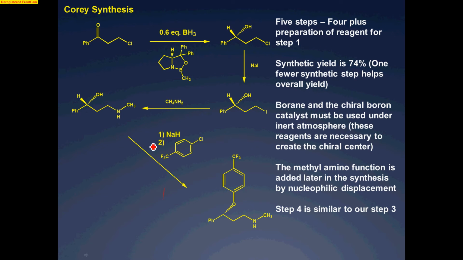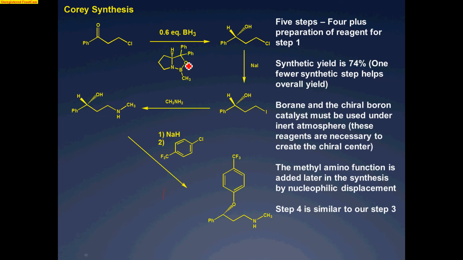A second approach is to start with a ketone and then do a chiral reduction. These are a variety of reagents that are not dissimilar to sodium borohydride, but they react in such a way, because they have these chiral pendant groups on here, that you can generate a chiral alcohol from an achiral ketone.